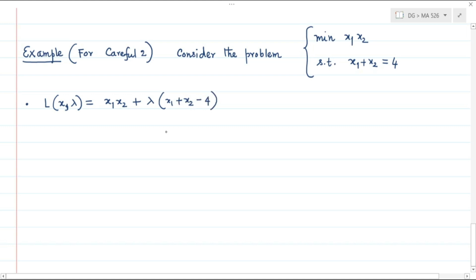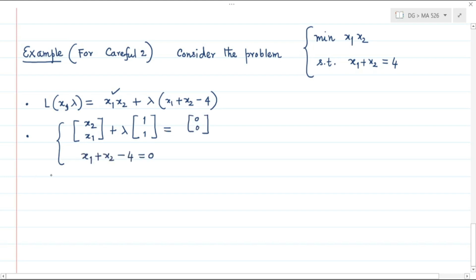Then the stationarity system for this problem is, at first with respect to x, if I take partial derivatives, then you will have the equations, and del L del lambda will give us the constraint.